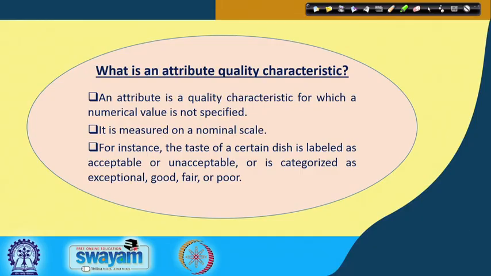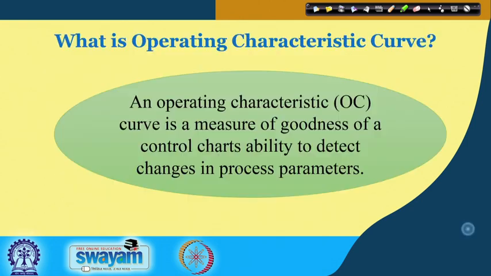So let us try to appreciate first once again what is an attribute quality characteristic. This is something which we measure in terms of good or bad, acceptable or not acceptable, and we do not assign any numerical value to this. So it is measured on a nominal scale. Now OC curve, again I will repeat, is a goodness of a control chart.